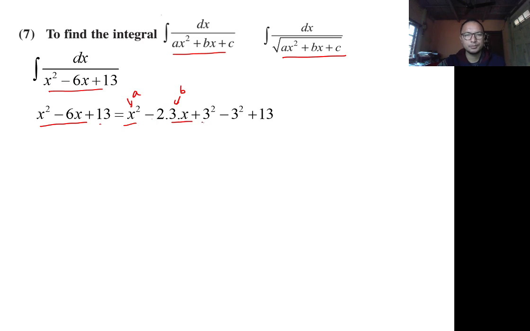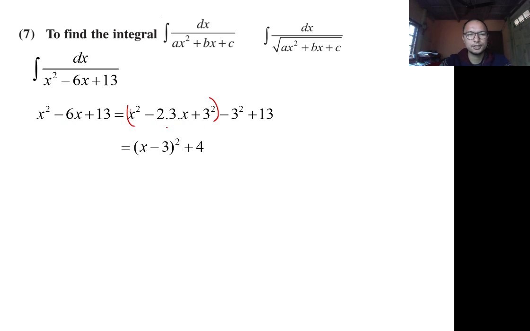So what we need is b square, so b square is 3 square, so that it is the same thing, right? Minus for c, right? From here to here, this is x minus 3 whole square, and it will come like 4, right? Now you put x minus 3 is equal to t, then differentiating, dx is equal to dt.